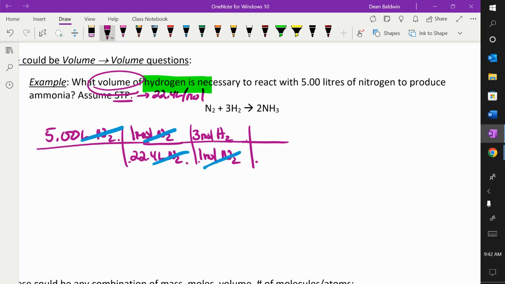So it's going to be 22.4 liters of H2 for every mole of H2. So those units cancel. And then you're going to tell me the answer. It actually worked out nicely. Yep. 15. How many sig figs? 3 sig figs, right?